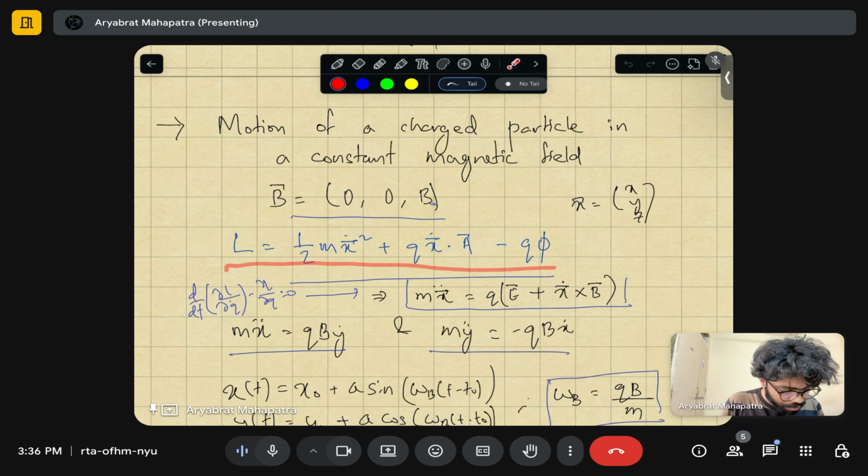This part, half m x dot square, is your kinetic part, and then your potential part will contain these two terms. This A is your vector potential, and phi is your scalar potential.